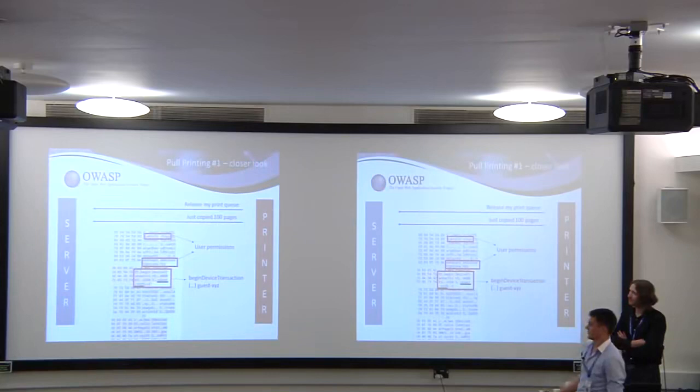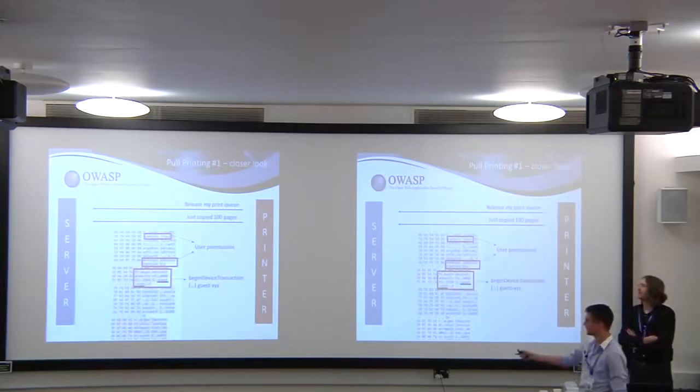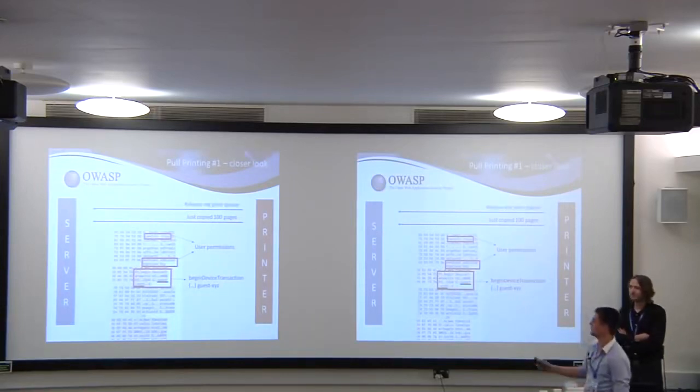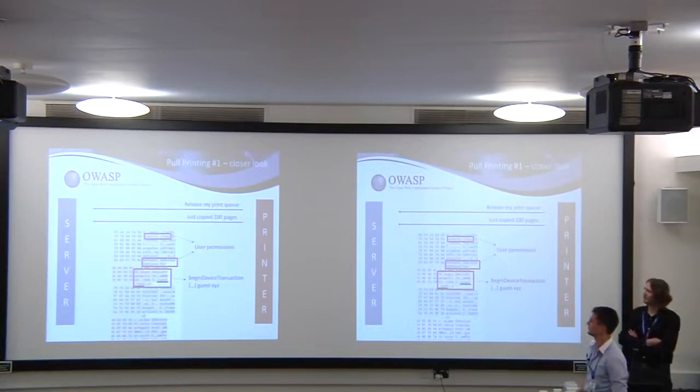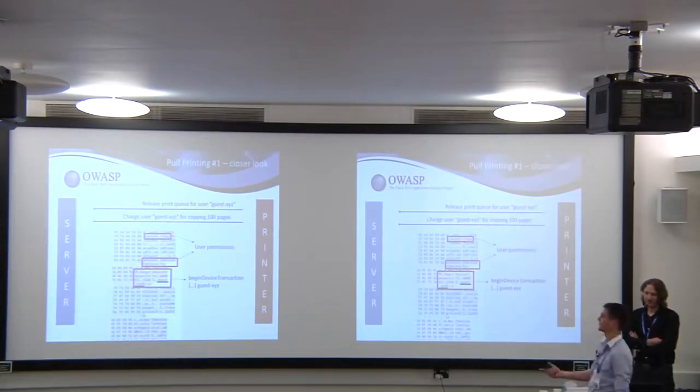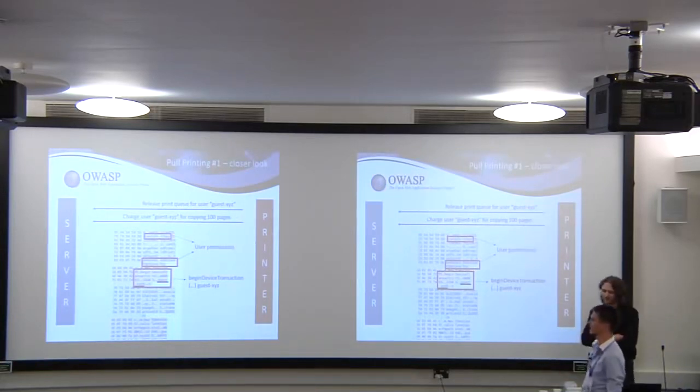And it worked. We authenticated as guest XYZ, and then we just got the print queue of guest ABC because there was no authorization check later. So actually, this was not a command to release my print queue, but release the print queue for a user I typed, and not just copied 100 pages, but charge the user I typed for copying 100 pages.